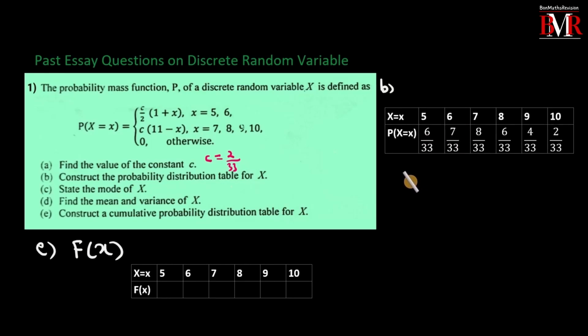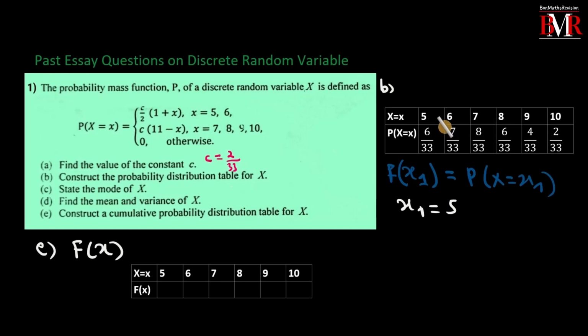You have to know that by definition, if x1 is the first x value in the probability distribution table, it means the cumulative value of that x1 should be equal to the probability of x1. In this case, x1 is equal to 5 from this probability distribution table.